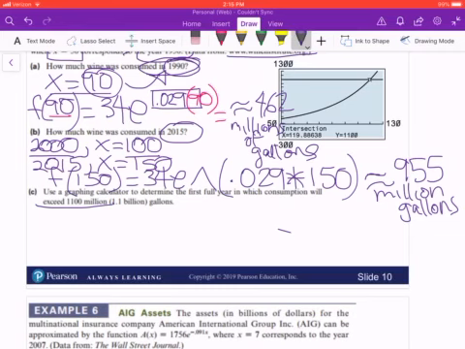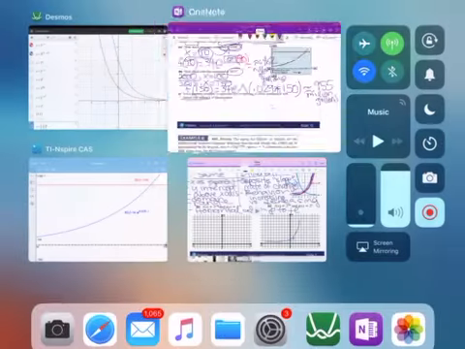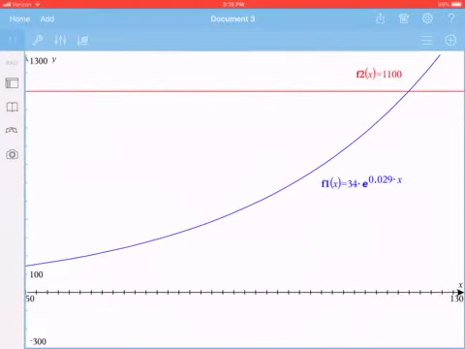And so what I did is I used my graphing calculator, the iPad version of TI Nspire. So I graphed the two functions here, and I say two because the one in red is actually the horizontal line, same as y equals 1100.